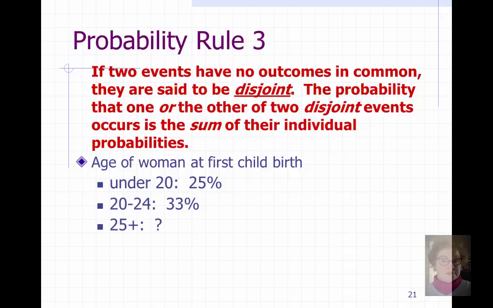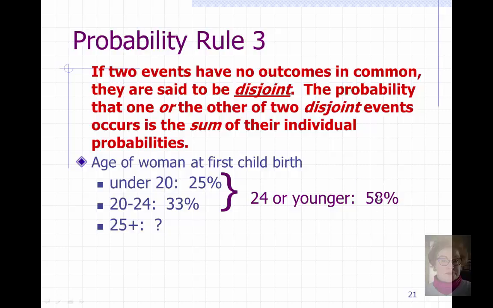What's the probability that the first time a woman has a baby, she's more than 25? Well, let's look at this. This is kind of a combination of rule number 3 and rule number 2. We know that the probability that the mother is 24 or younger is 58%.